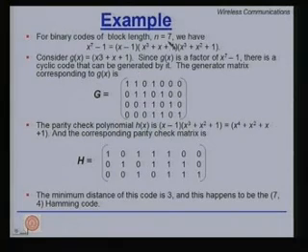All of them will have block length n equal to 7, and we are talking about binary. If you talk about non-binary cases, then the factorization will be different, because the multiplication and addition tables are different in different Galois fields.